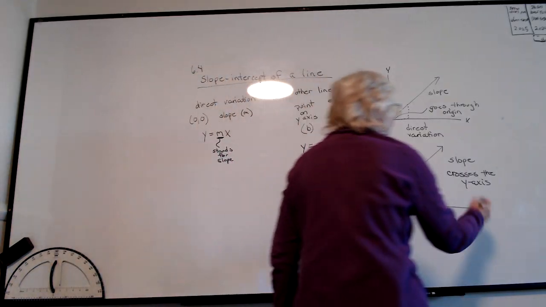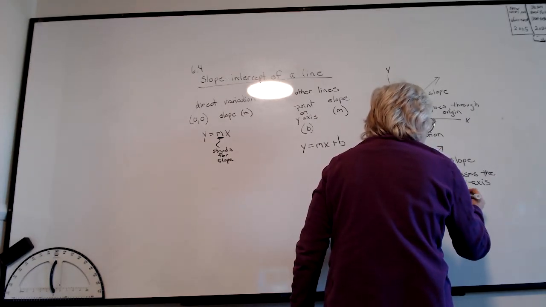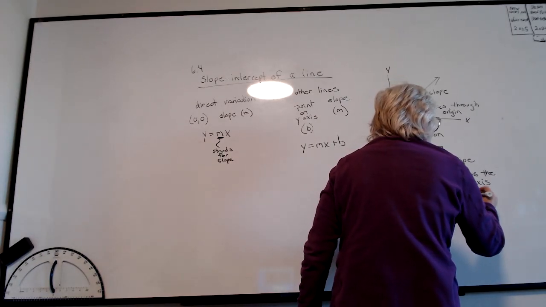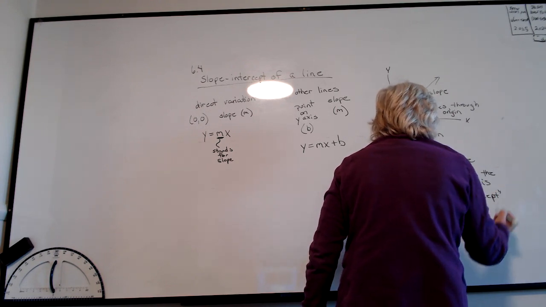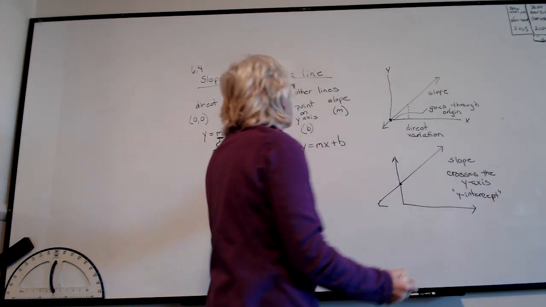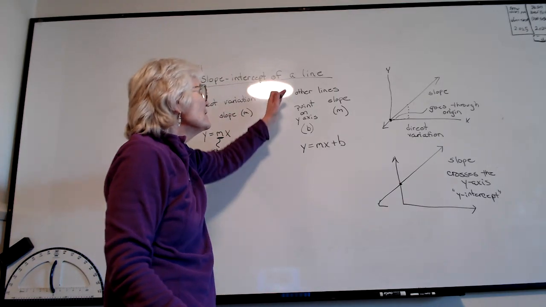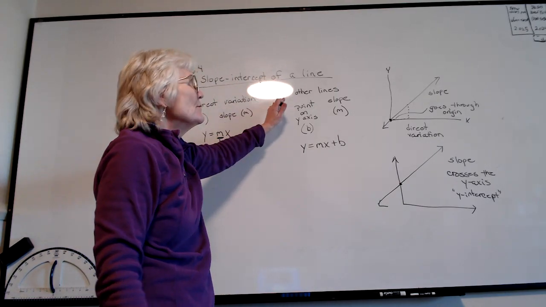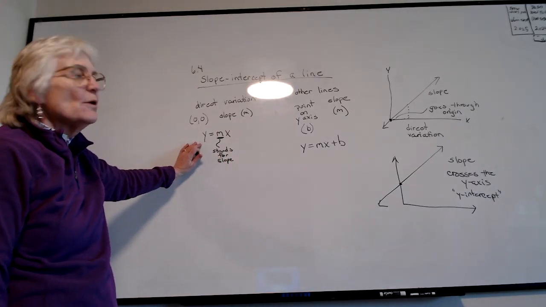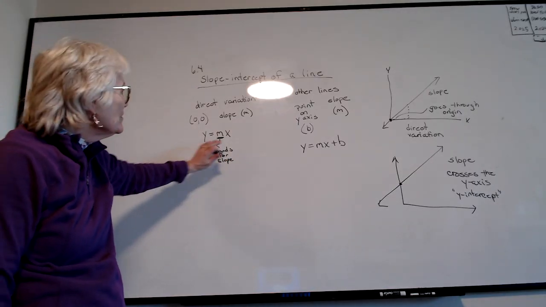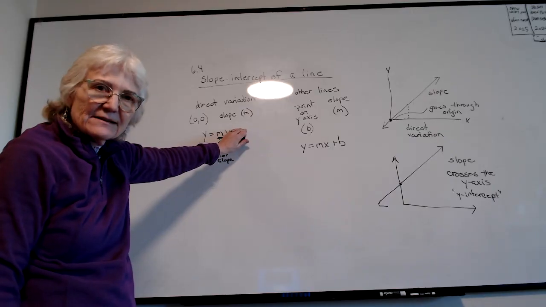That we call the y-intercept. So in our slope-intercept form of a line, if it doesn't cross the y somewhere, it goes through the origin, you don't have a number added.